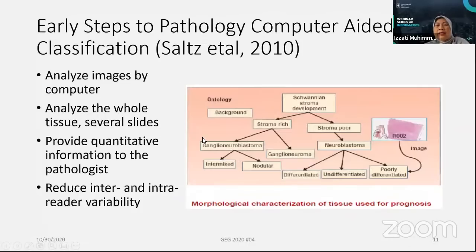From that, we can see which classification a given image belongs to, whether it's a neuroblastoma, ganglioneuroblastoma, or ganglioneuroma. So this is the aim of computer-aided classification of pathology images.